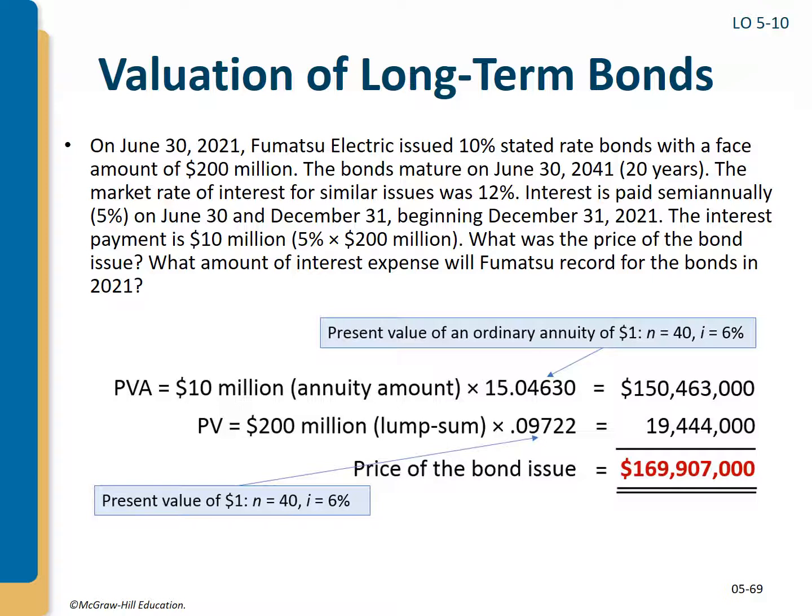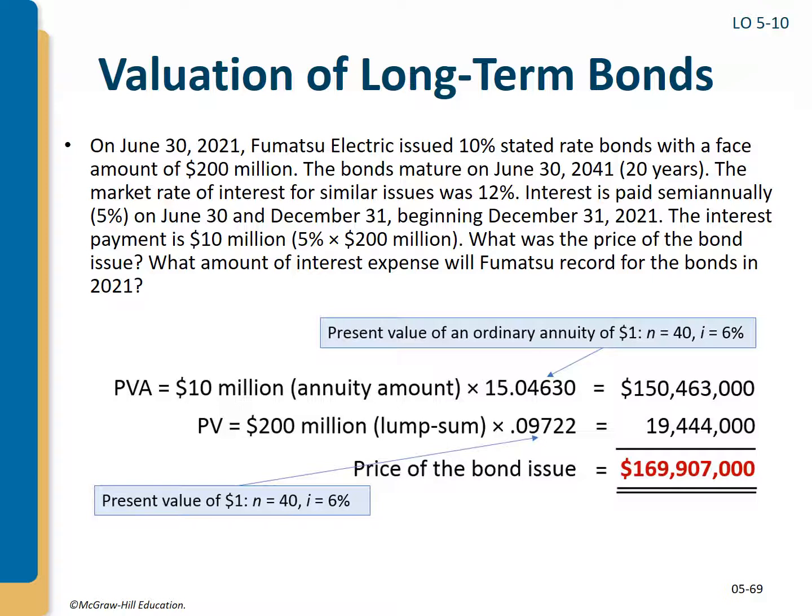The factor to determine the present value of the $10 million payments is 15.04630. So the present value of those interest payments the bondholder will receive is $150,463. So what this is saying is the bondholder is willing to pay that much today to get those payments in the future over the next 40 interest payments.